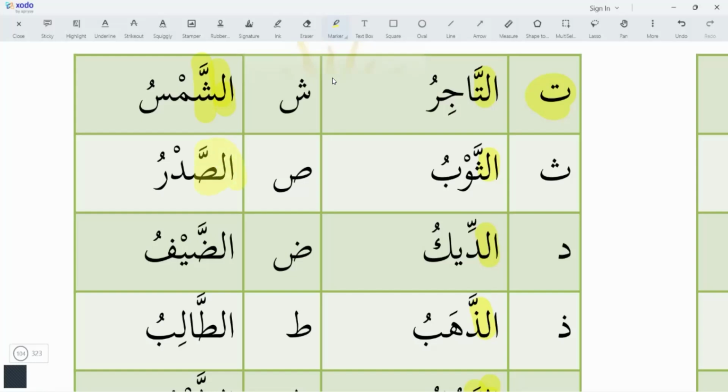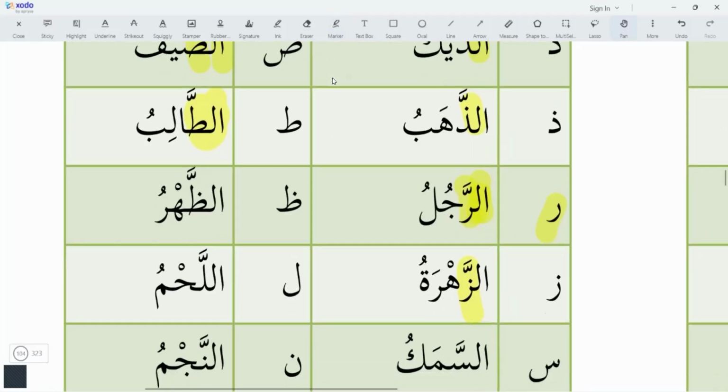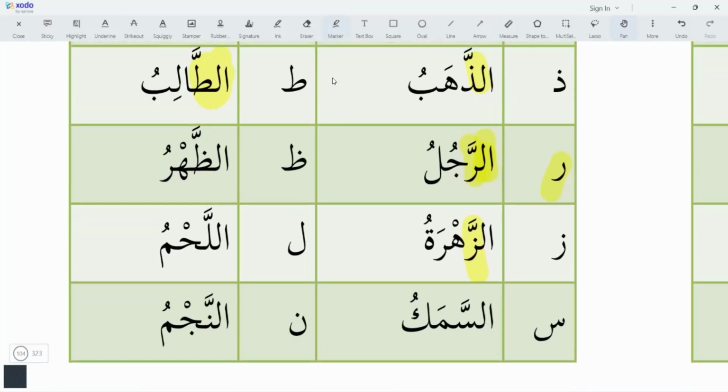As-sadru also has a shadda, and we are not pronouncing the lam of the alif and lam. Ad-daifu, alif we are pronouncing with the next letter. At-talibu, we are not pronouncing the lam of the al. Az-zahru, we will not pronounce the lam of the alif and lam.